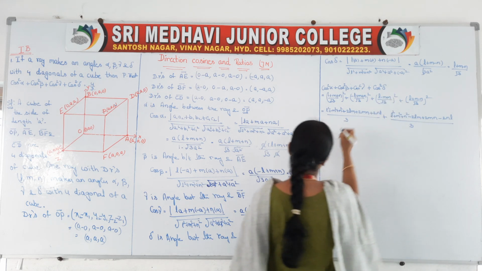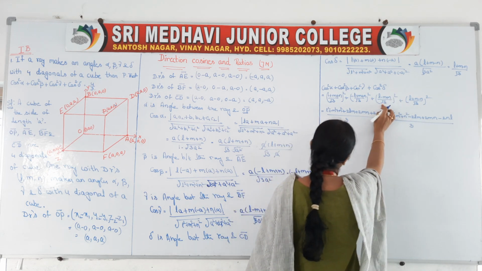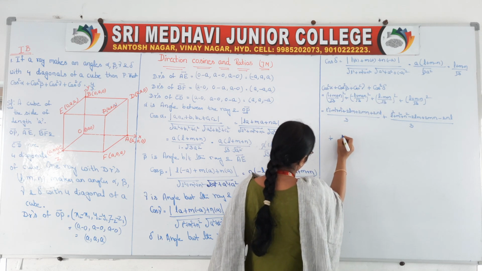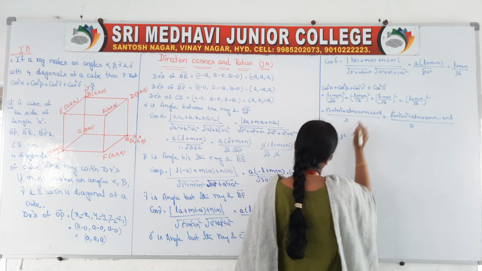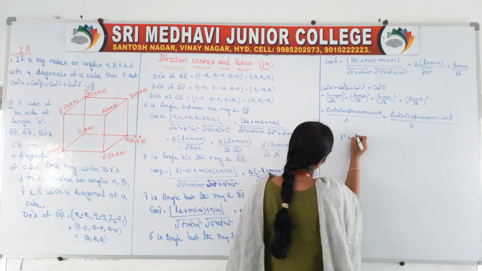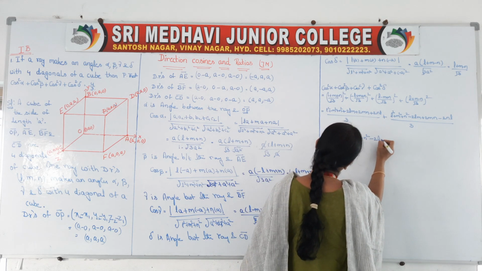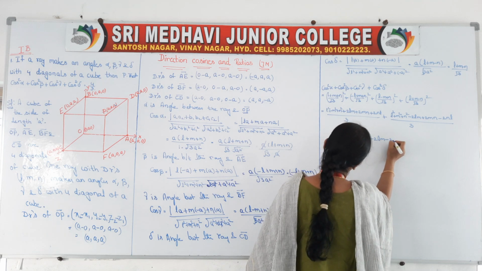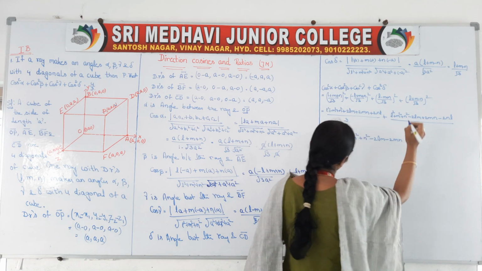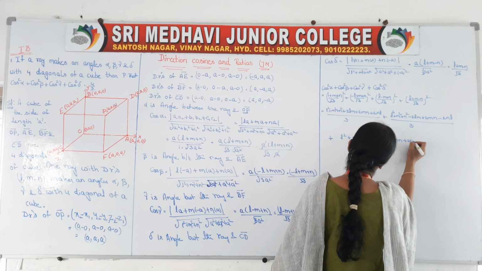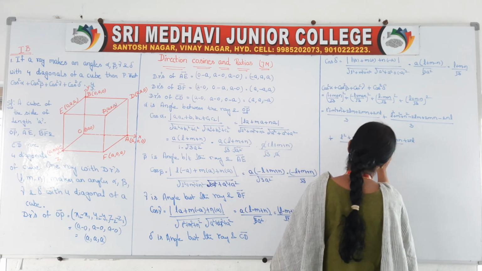Okay, next, plus this is the value. So (l² − m²) whole square is m² + n² − 2lm − 2mn + 2nl by 3.